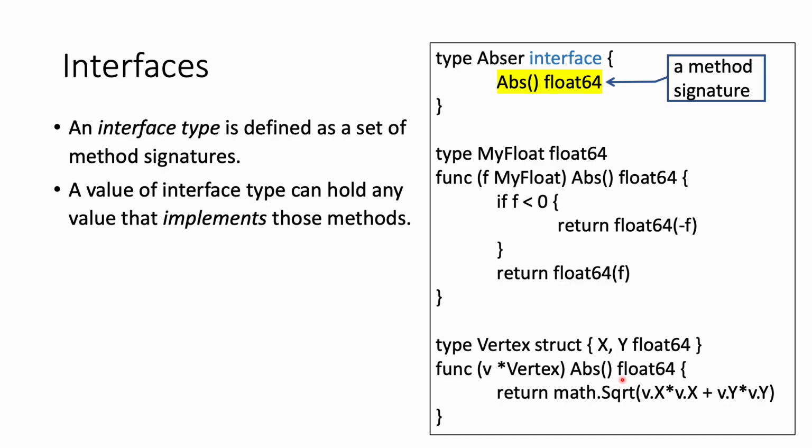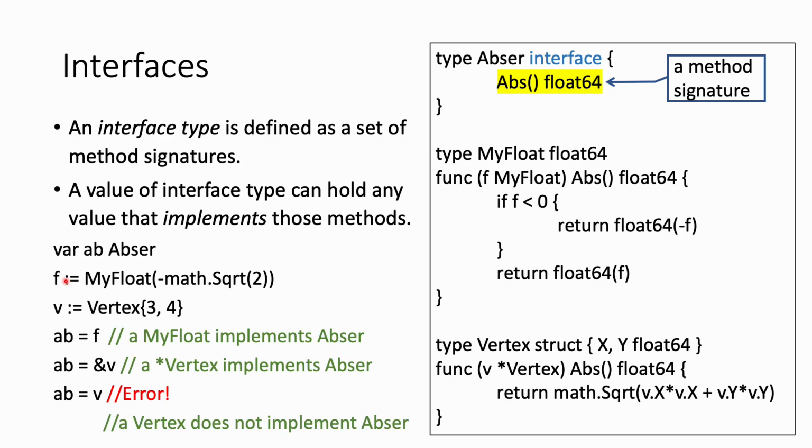Similarly, we define the struct type Vertex and define a method with the same signature as the one in the Abser interface, but with the pointer receiver of type pointer to Vertex. Then any pointer to Vertex is also a value of the Abser interface.